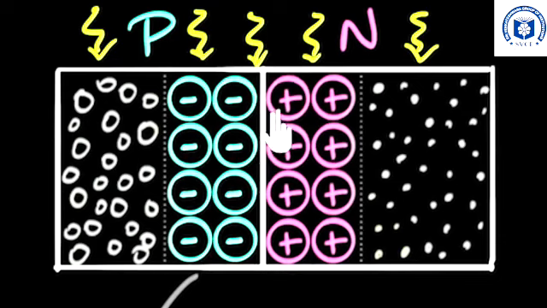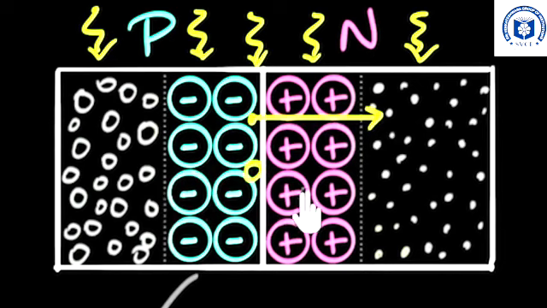So imagine an electron hole pair is formed inside the depletion region. Let's say this is an electron and this is the hole that is formed due to sunlight, due to the photon. Now, before they have a chance to recombine, look at this electron. This electron gets attracted by this positive charge and therefore gets accelerated in this direction.